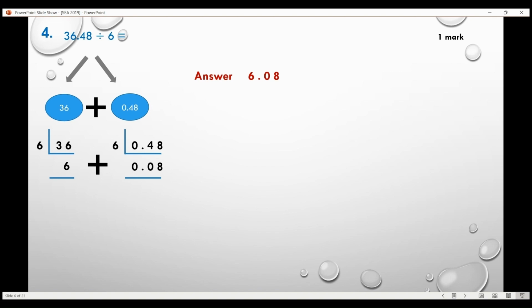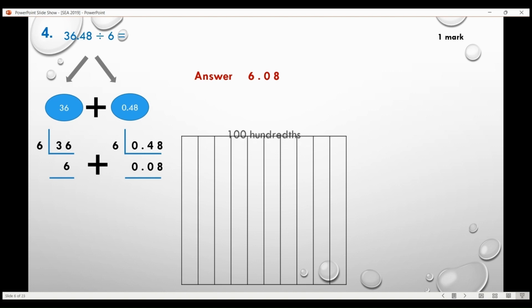So let's look at the idea of the 0.4. So if we think about it, remember your teachers would be bringing up something like this, and they would show you when you were doing decimals that we can take a whole and split it into 10 parts. And if we split it into 10 parts, then how do we represent 0.4 or 4/10?